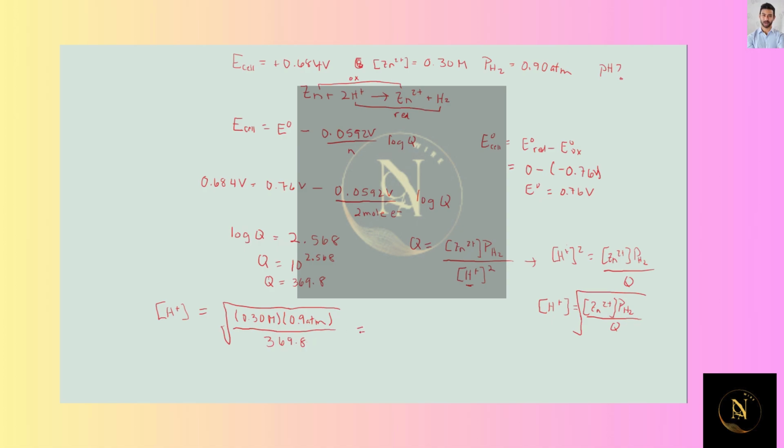I get a value of H+ equal to 0.027 molar. Finally, pH is equal to the negative log of the concentration of H+, so it's equal to the negative log of 0.027 molar, and I get a pH equal to 1.6.